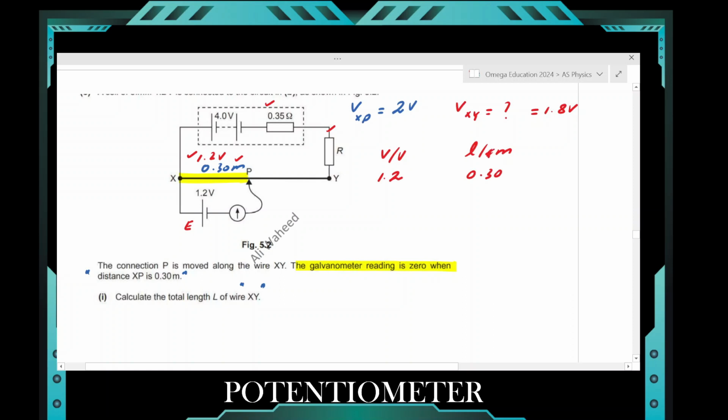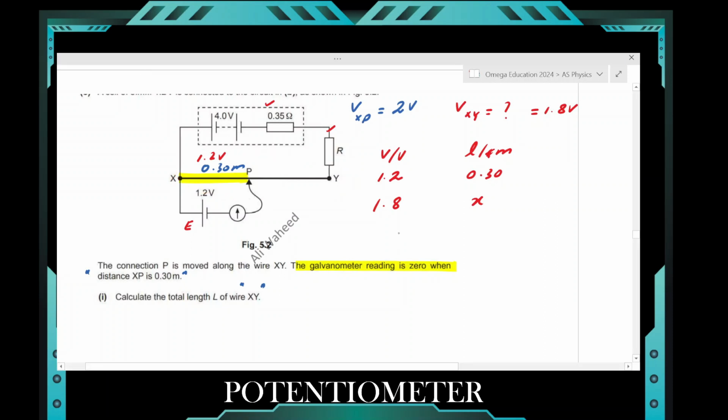Or you can think of it this way: for the length 0.3 meters, the voltage was 1.2. And for what length, which is the total length XY, do you get the voltage 1.8 volts? So we know the voltage across XY is 1.8 volts.